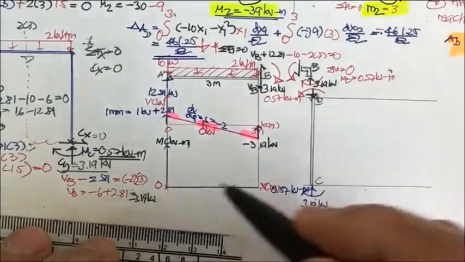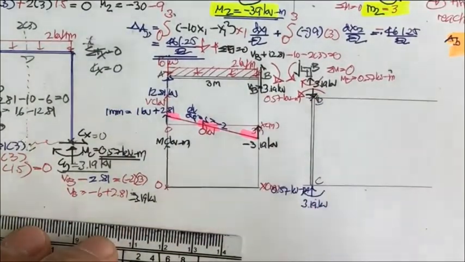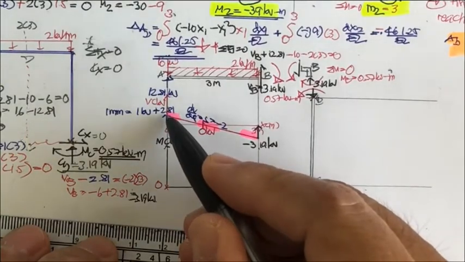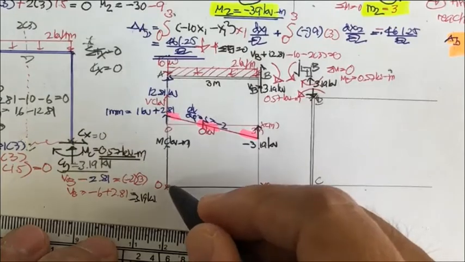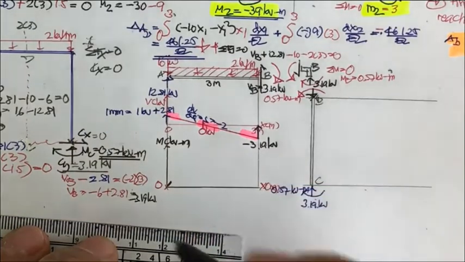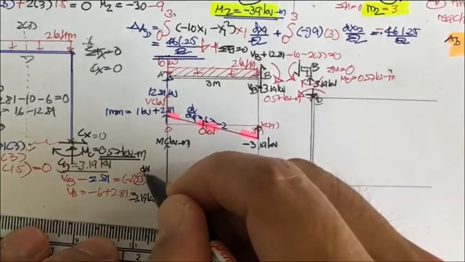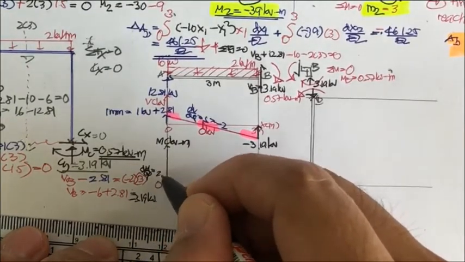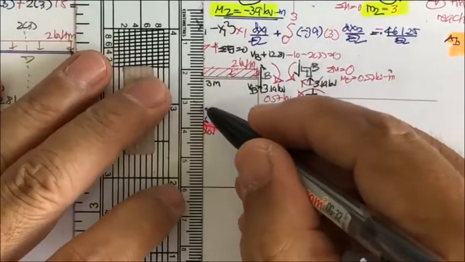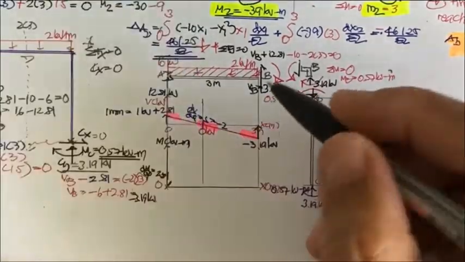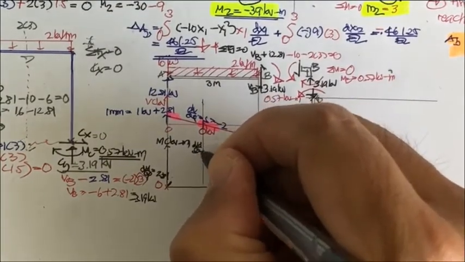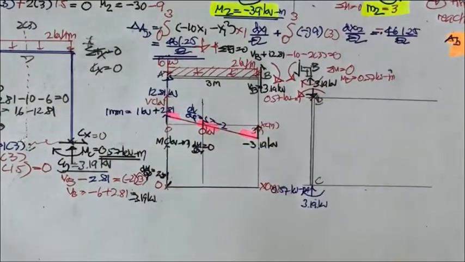Okay, this starts at 0 kilonewton meter. And then when you come here, you're going to have the slope here. And it's going to be dM by dx equal to 2.81. And then the slope is going to change. The dM by dx is going to be 0 here.